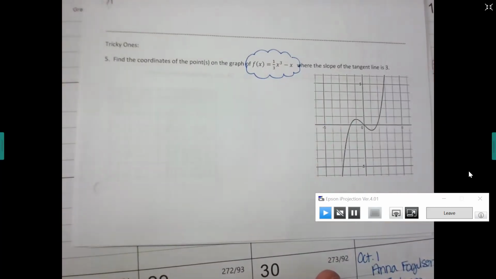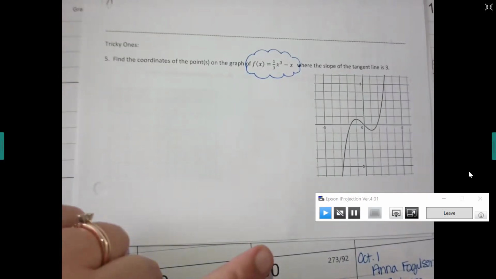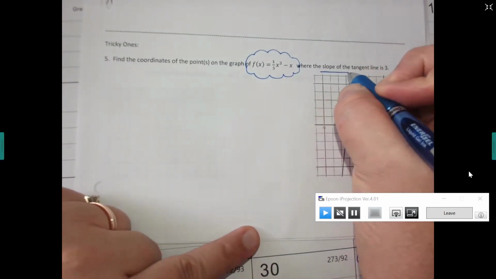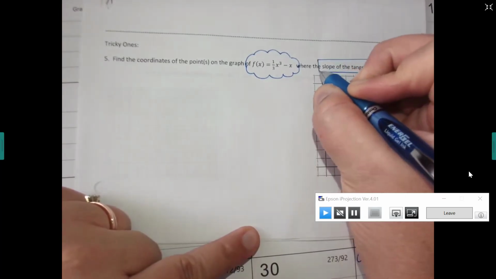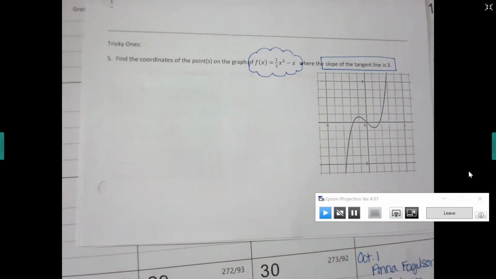But this time, instead of them telling you, oh, I want this x or I want this y, they're telling you that we want the slope to be 3. Okay, so put the homework to the side just for a second. Okay, so we can finish these up. So if I want my slope to be 3, then that's the answer that I want for f prime. Does that make sense?